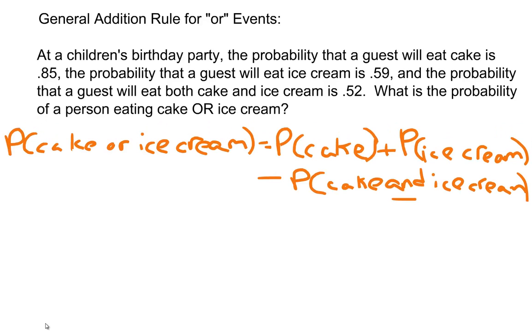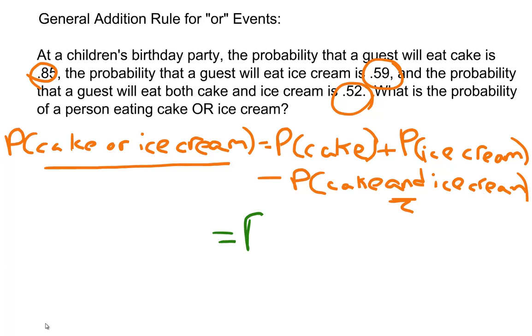Applying the formula to our scenario gives us the probability of cake or ice cream equals the probability of cake plus the probability of ice cream minus the probability of cake and ice cream. The probability that a guest will eat cake is 0.85, the probability that a guest will eat ice cream is 0.59, and the probability that a guest will eat both cake and ice cream is 0.52.